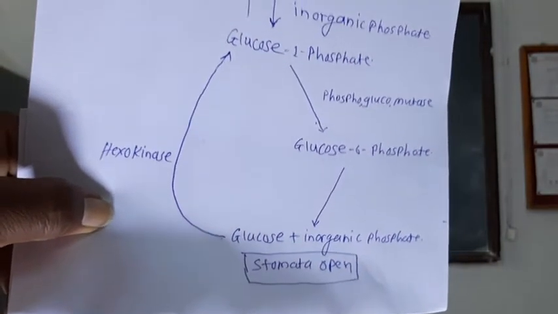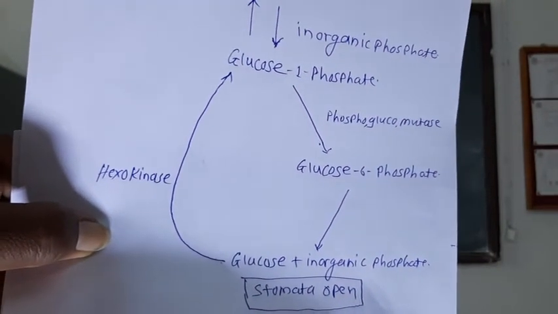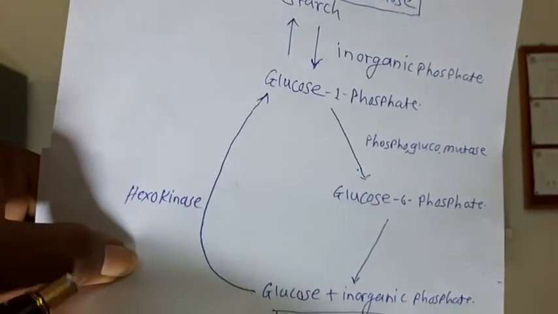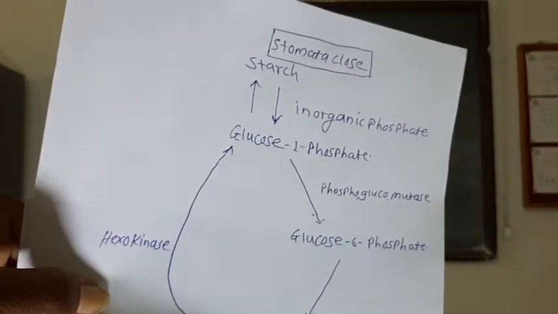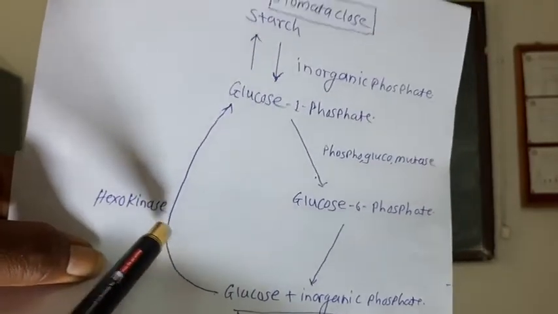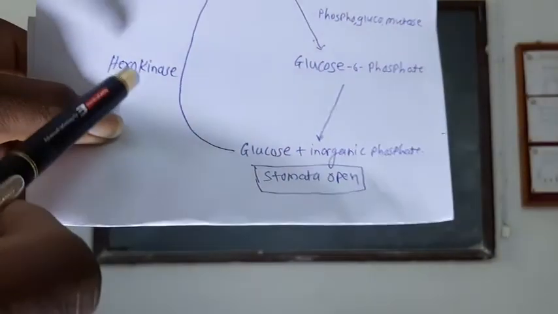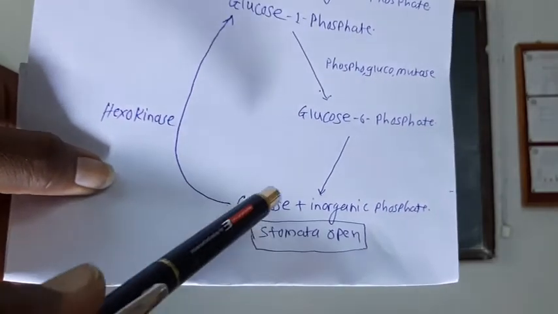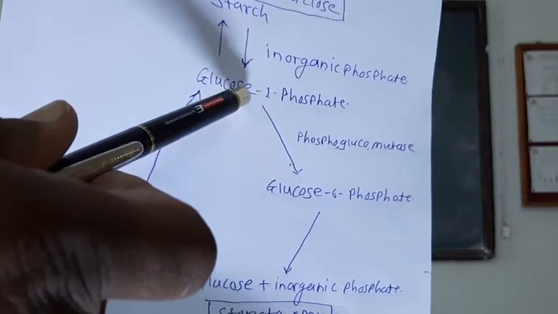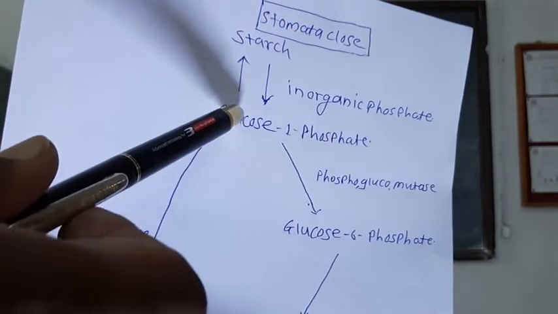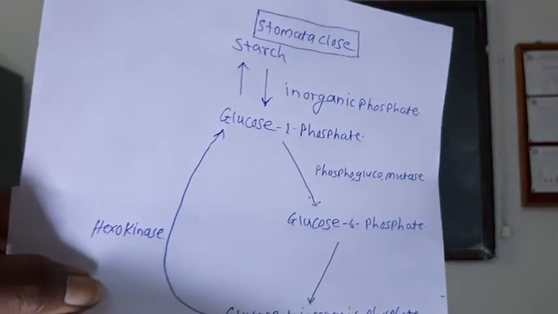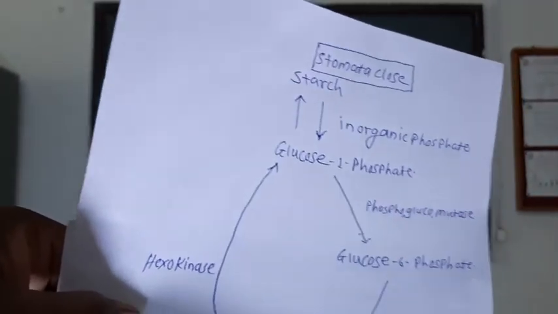Then during night time, glucose is converted into glucose 1-phosphate in the presence of the enzyme hexokinase, and finally glucose 1-phosphate is converted into starch, and we know that starch is insoluble in water.